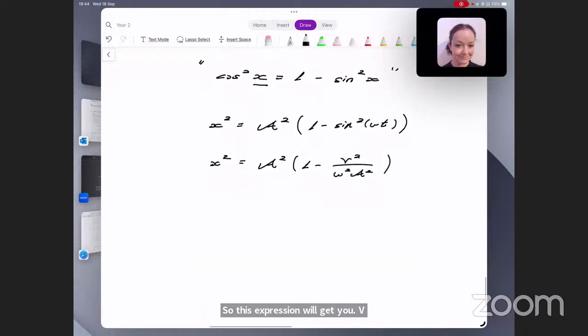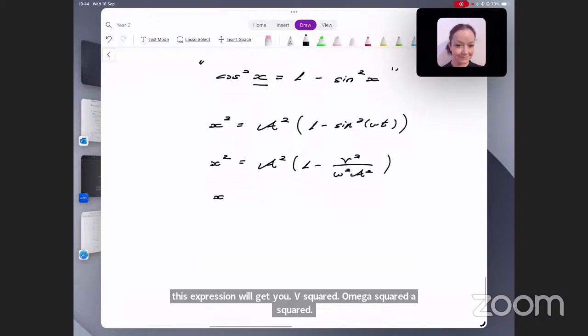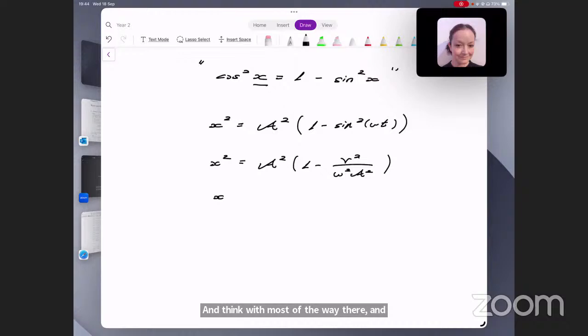I think we're most of the way there. We want the final expression in terms of v, so we want to get rid of these other terms. If I move this a squared to the left-hand side, x squared over a squared is equal to 1 minus v squared over omega squared a squared.